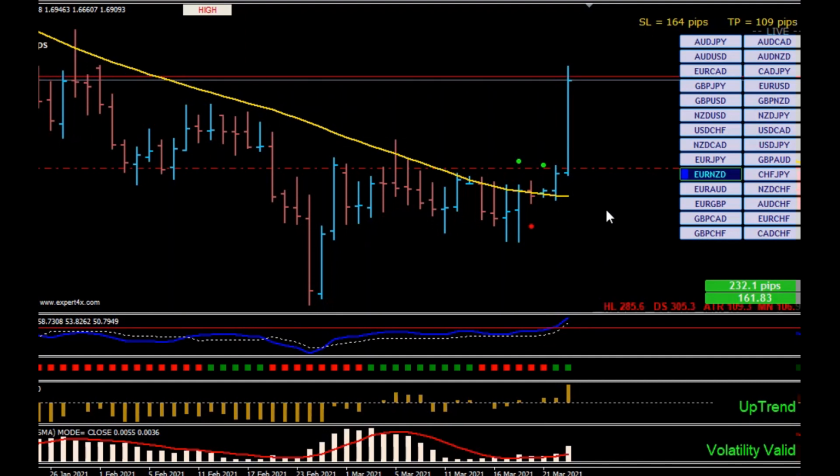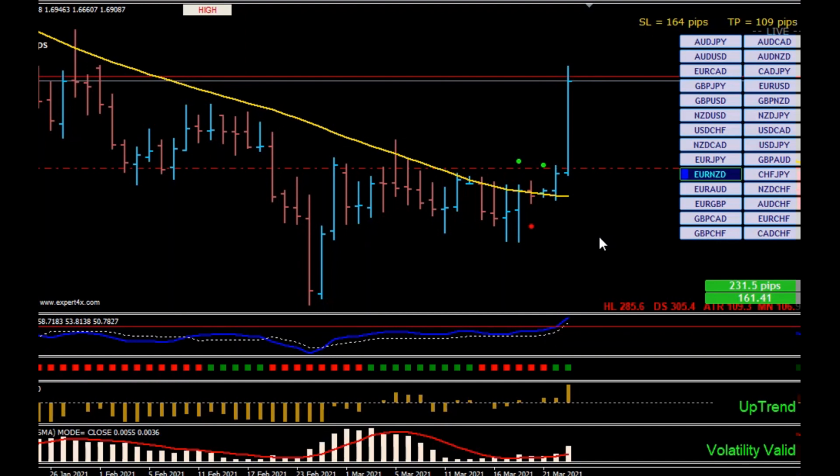So I bought it yesterday, and within, it must have been 3 hours or less, it had already hit my first take profit and moved my stop loss to break even. Boy, those are the kind of trades you just love, right? So anyway, if you didn't catch it, that's the one I took yesterday, and it is still cooking, and it is still going to town.